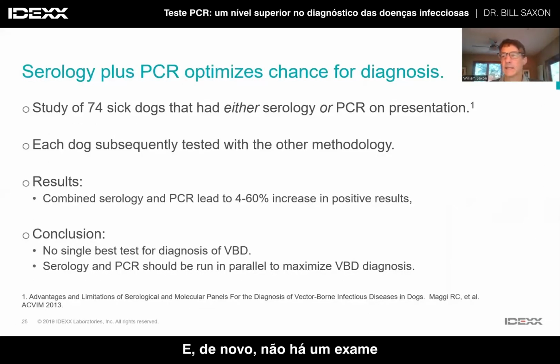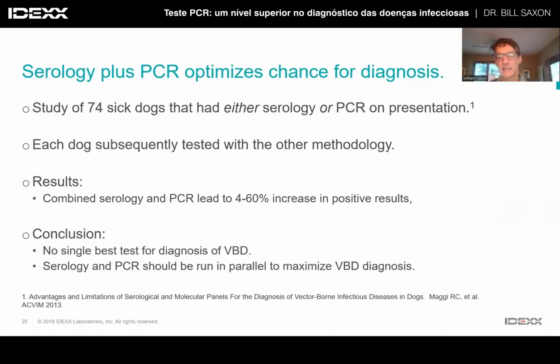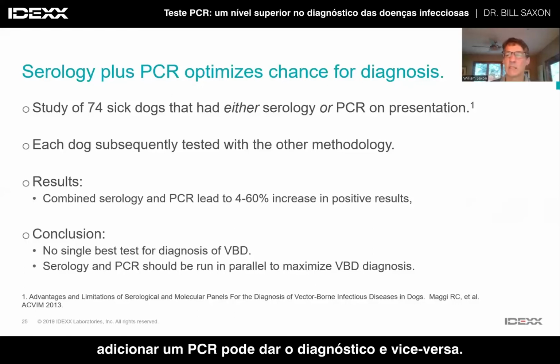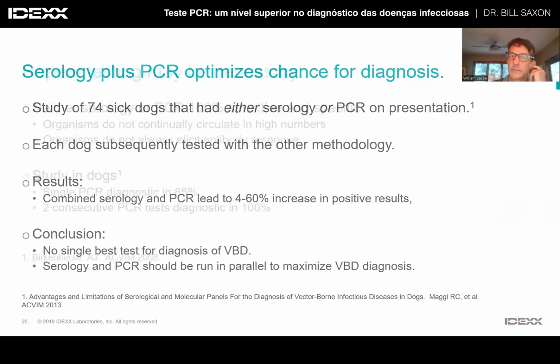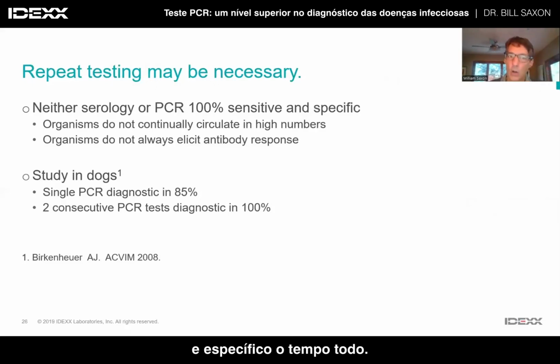All right. And again, there's no one test that is always going to give you the answer for infectious diseases. There are times when, if the first test you run, serology, is negative, adding a PCR may give you the diagnosis, and vice versa. This is especially true with vector-borne diseases, all right? And sometimes you have to repeat the test. Again, no test is 100% sensitive and specific all the time.